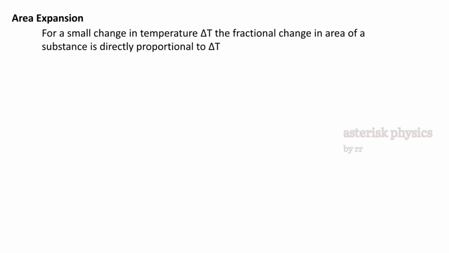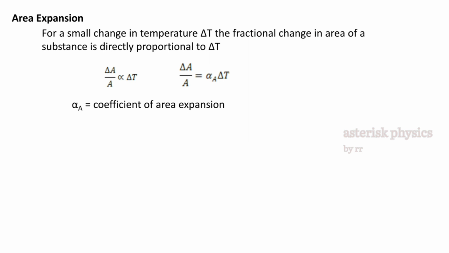Now, area expansion. For a small change in temperature delta T, the fractional change in area of a substance is directly proportional to delta T. That is, delta A by A is directly proportional to delta T, or delta A by A equals alpha A into delta T, where alpha A is called the coefficient of area expansion.